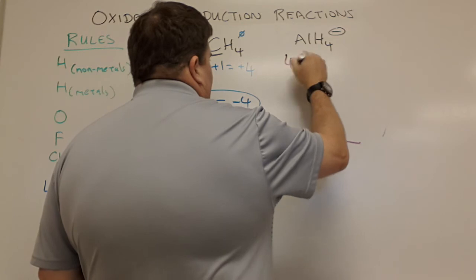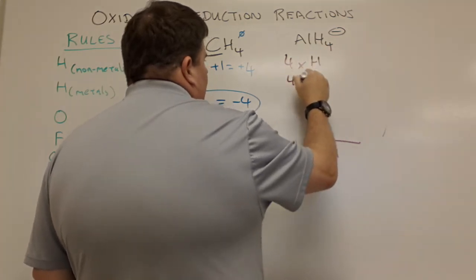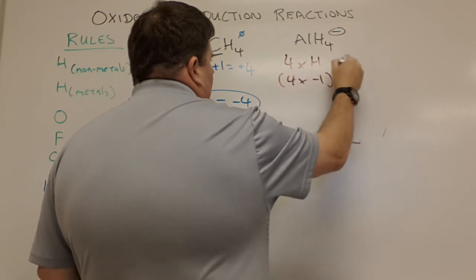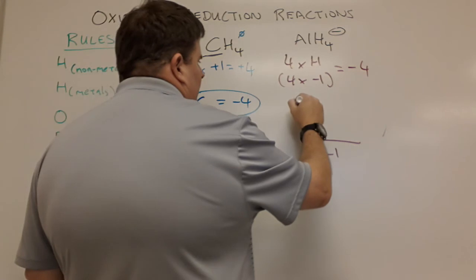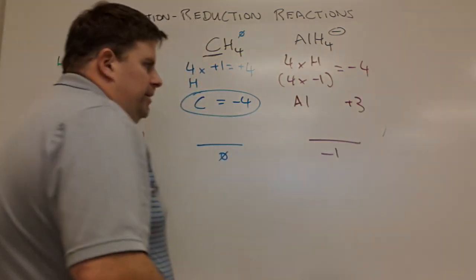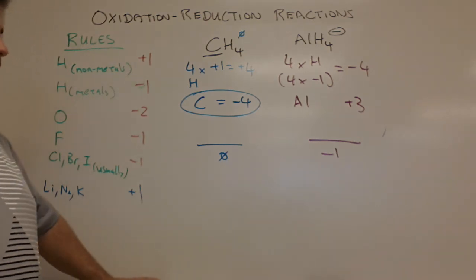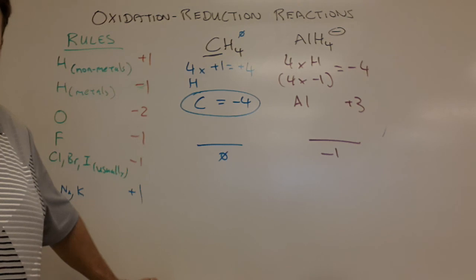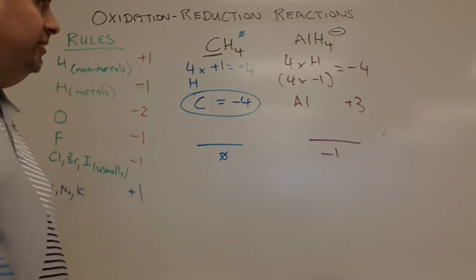So in this case, I've got 4 times -1, and that's going to be equal to -4. So the charge on aluminum is what we expect it to be. Aluminum is going to be a +3 in order to get me to that charge. So aluminum hydride has a -1 charge. All the hydrogens have -1 charges there. Okay? Hopefully you're good with oxidation reduction reactions.